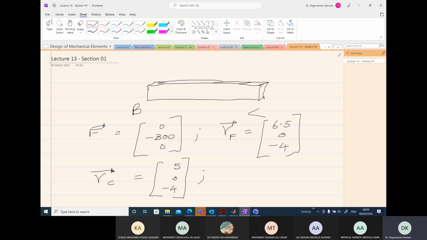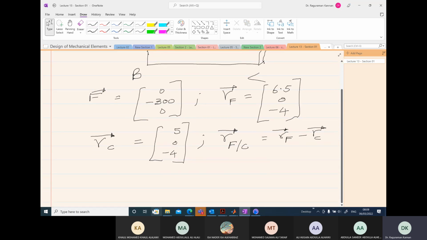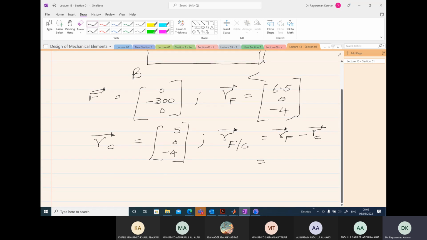So we can now get the relative position vector of F with respect to point C, which will be RF minus RC, which would be 1.5, 0, 0.